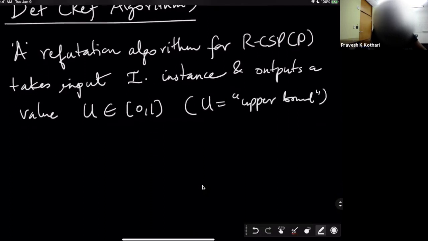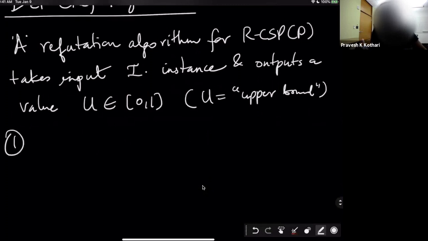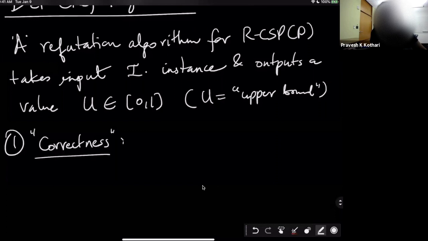Okay, with the following guarantee. This algorithm is trying to construct an upper bound on the fraction of constraints that any assignment can satisfy in a CSP instance. Okay. So the correctness is that it should always be a correct upper bound.